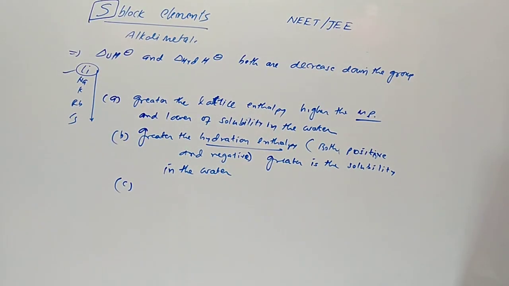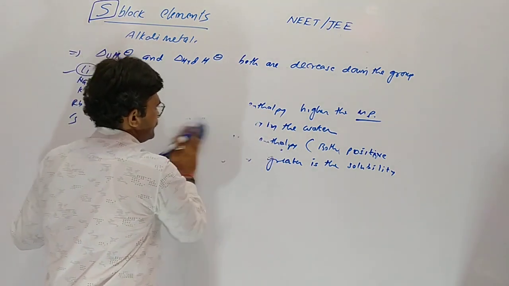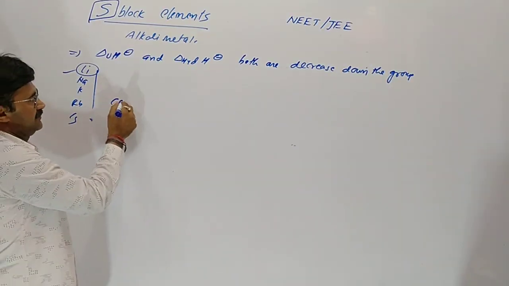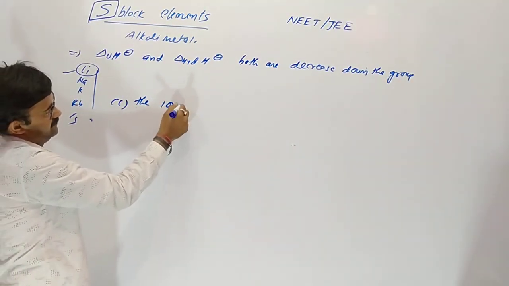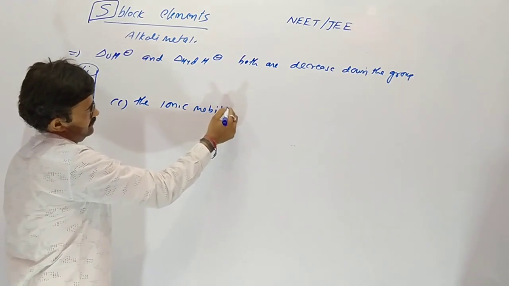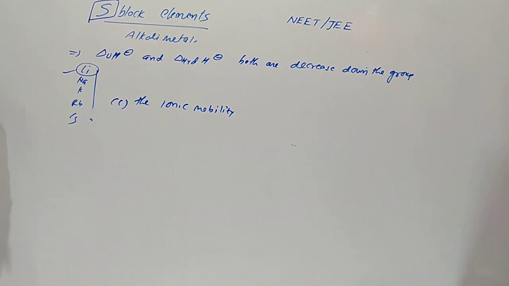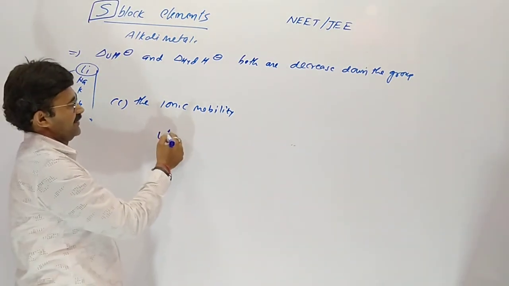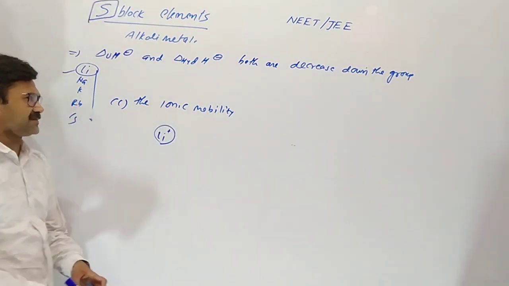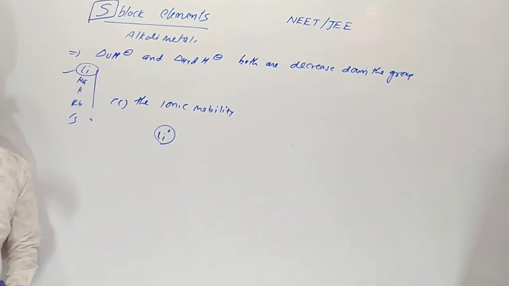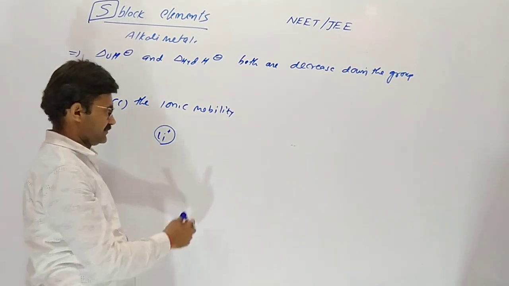Now see the ionic mobility. What is ionic mobility? Movement of ions in the water. We think that lithium is very small in size, so its movement should be highest, but that is wrong.